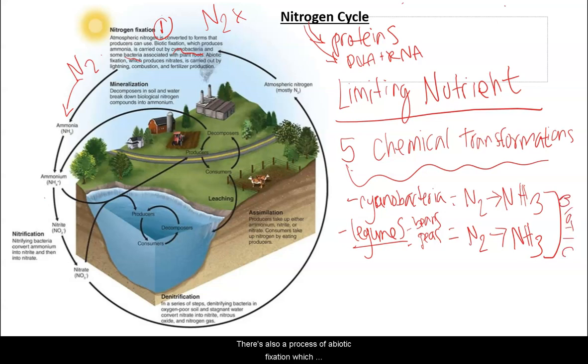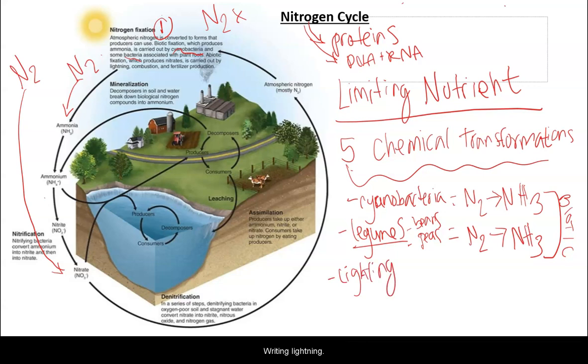There's also a process of abiotic fixation, which produces a different form of nitrogen that's also able to be used by plants. So in this process, N2 is converted into nitrates, which is NO3. And that's done by a couple different things. Things like lightning can create this process.